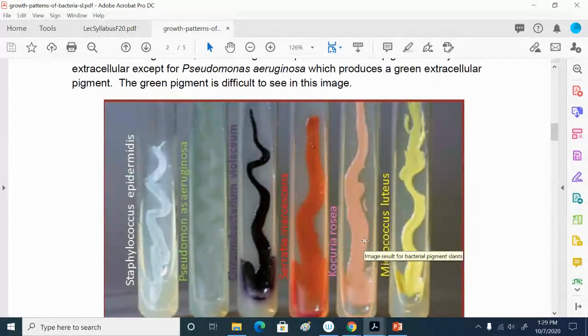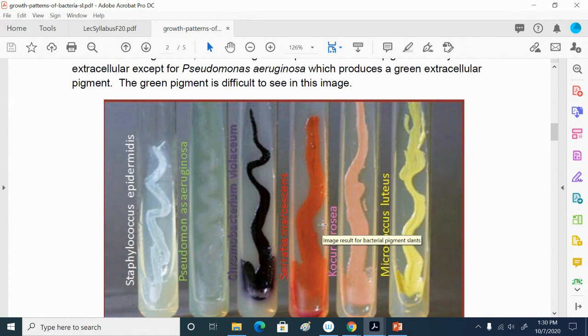Intracellular or extracellular? Intracellular, right? And next we see that beautiful Serratia marcescens and that deep red pigment.